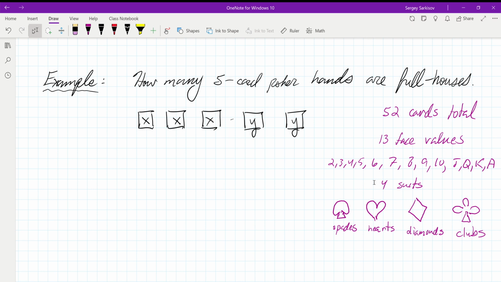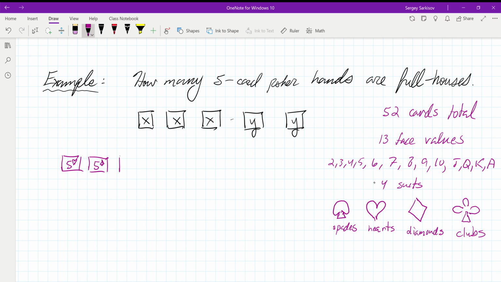You see already we're doing a little bit of combinatorics. Anyway, how many 5-card poker hands are full houses? Well, an example hand would be, let's do 5 of hearts, 5 of diamonds, and 5 of spades.